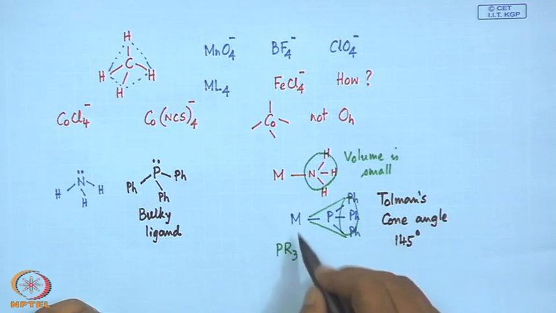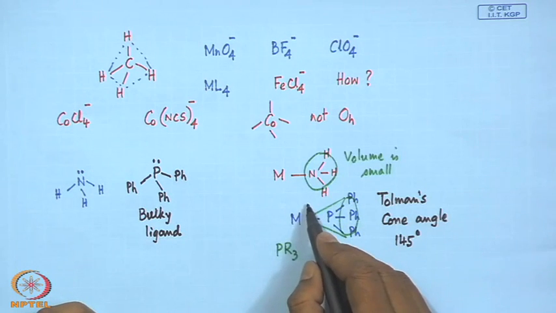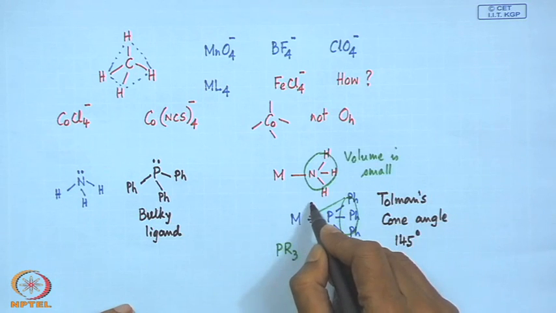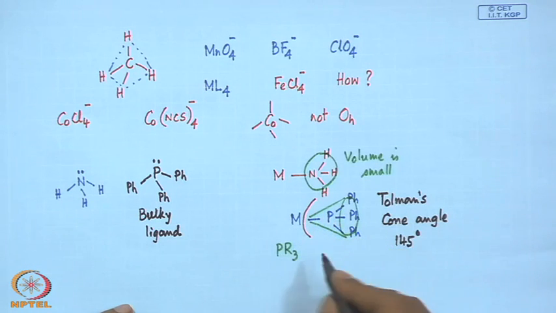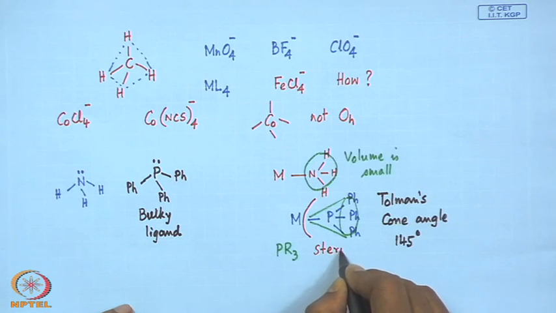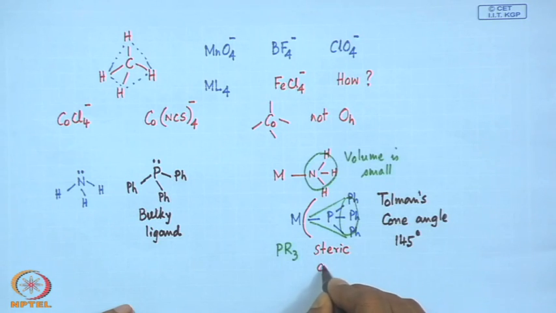So, by changing this particular cone angle, we are basically responsible for blocking this particular site. That means, this can give rise to some amount of steric crowding.